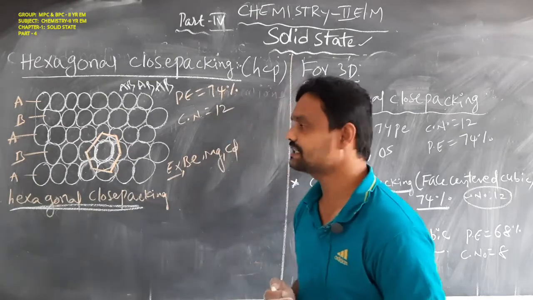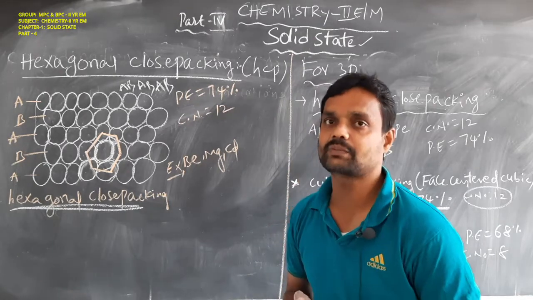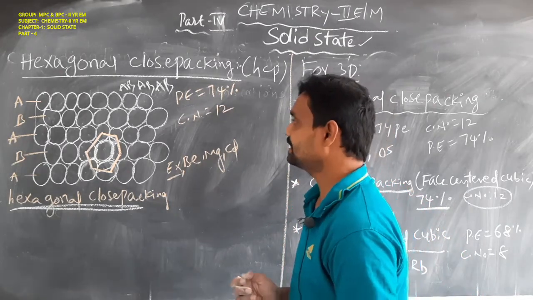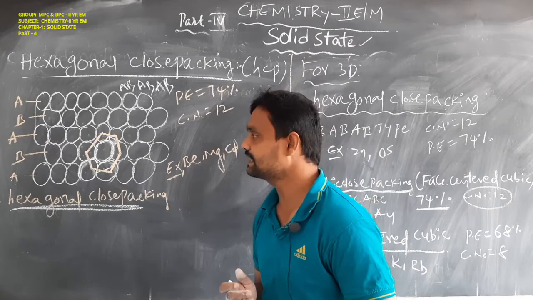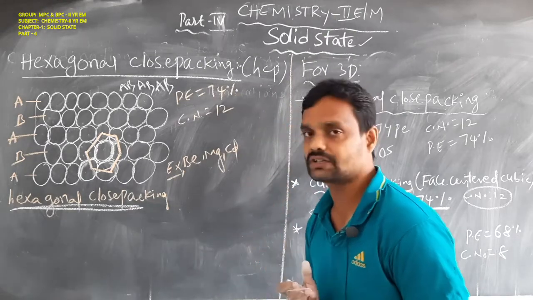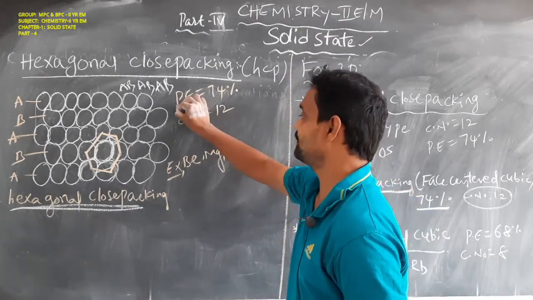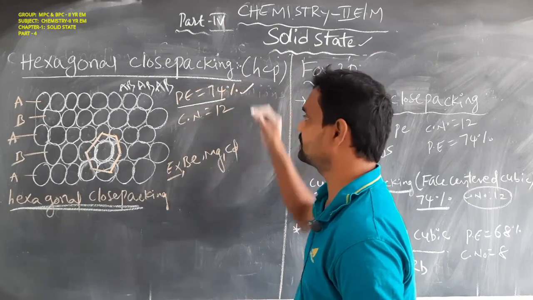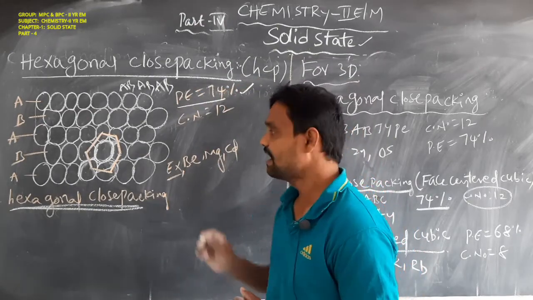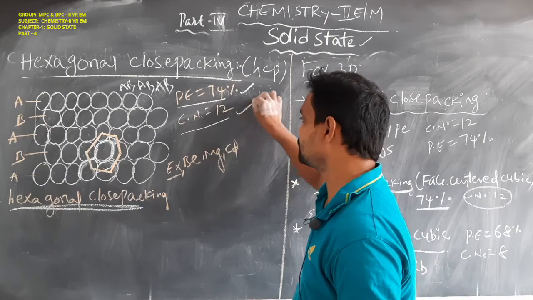How are they arranged? In an AB type of arrangement. When atoms are close packed in solids like hexagonal close packing, their packing efficiency is 74% and the coordination number is 12.